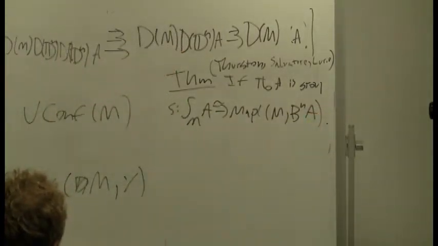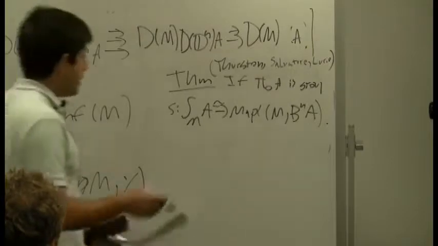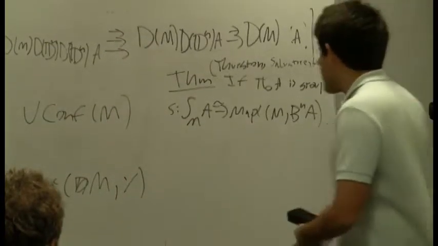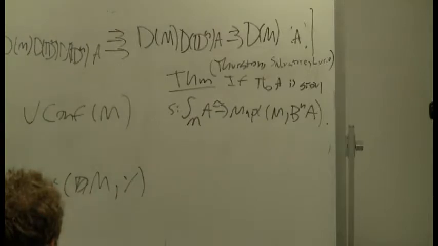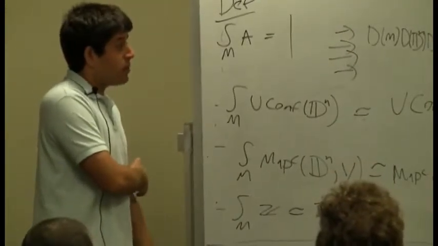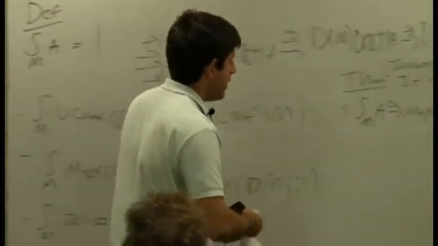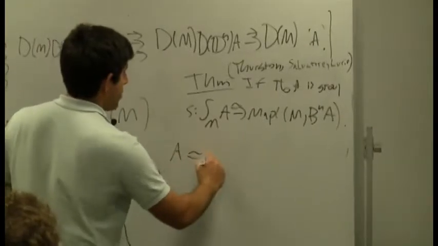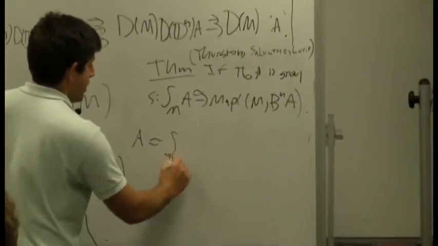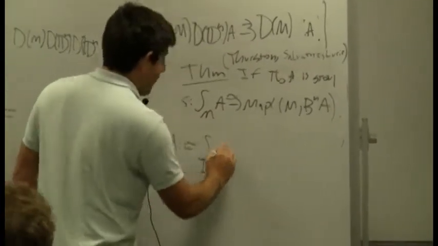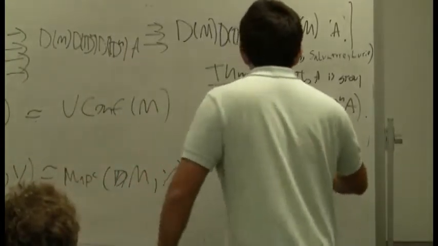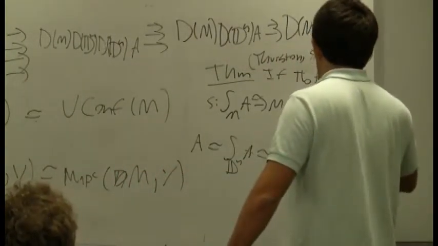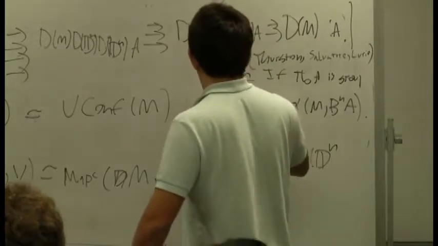Okay, so this gives you a corollary, like the recognition principle of Peter May that says that if you have an EN algebra whose pi 0 is a group, then it's an n-fold loop space, because an EN algebra is homotopy equivalent to the factorization homology over the n disk of A, which then is compactly supported maps from the n disk. This is like theorem May.